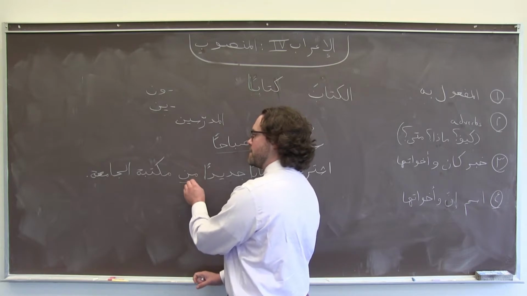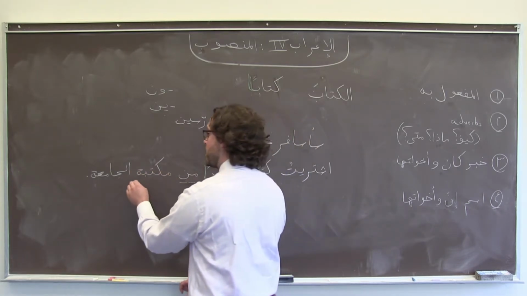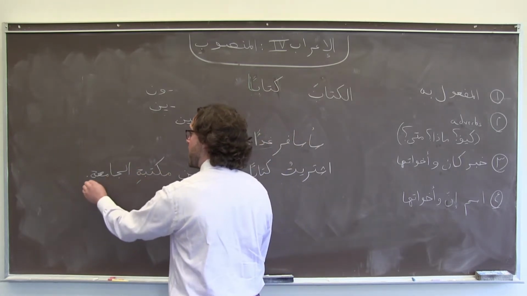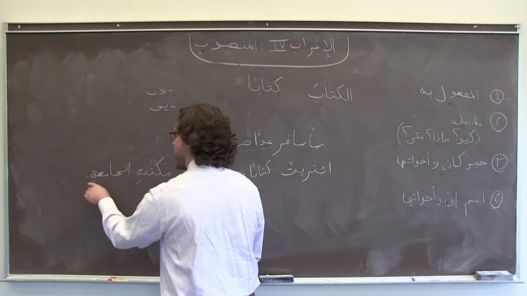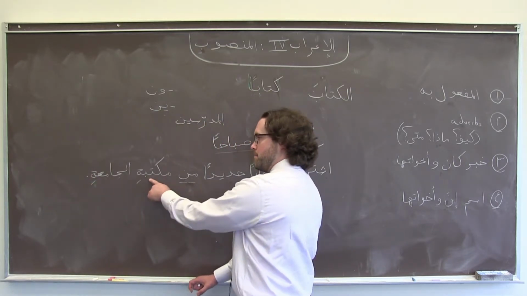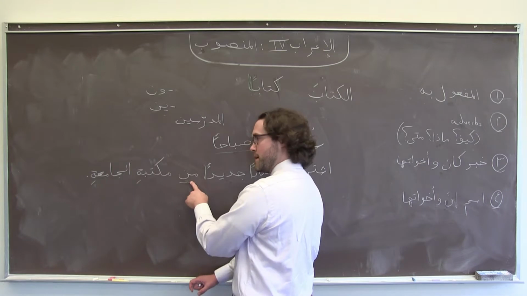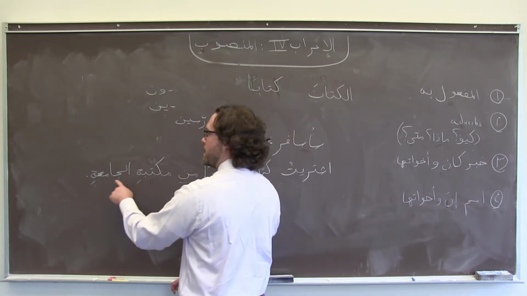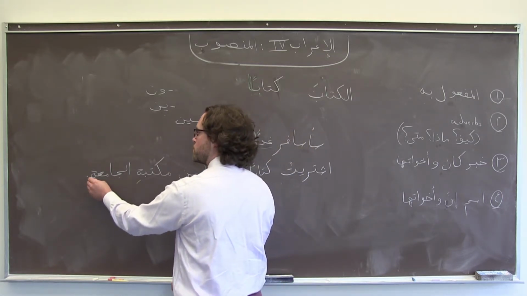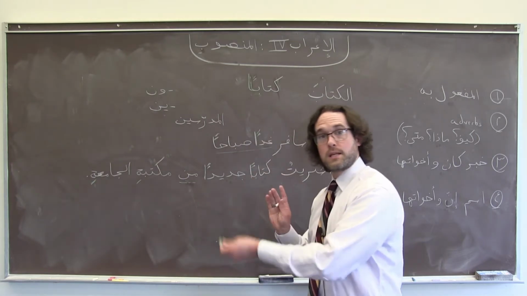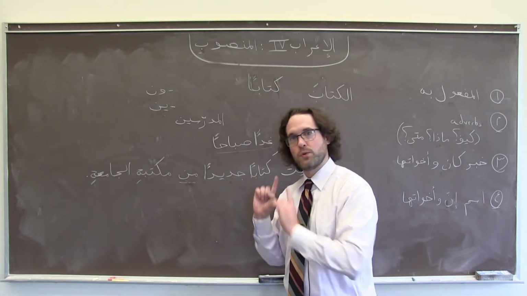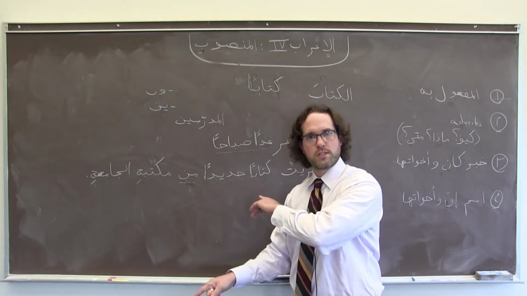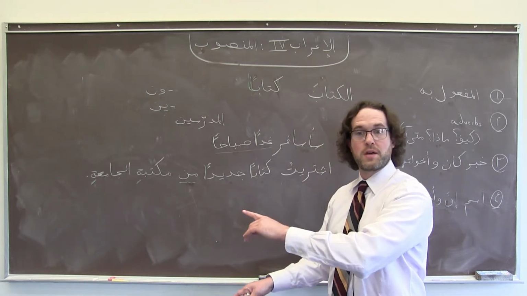So I would say, if I wanted to fully vocalize the rest of it, min maktabat il-jami'a, or il-jami'ati. Maktaba is majroor because of the preposition, and then al-jami'a is also majroor because it is the second word of the idafa. You can go watch a video on majroor to watch some more examples of that process in action.